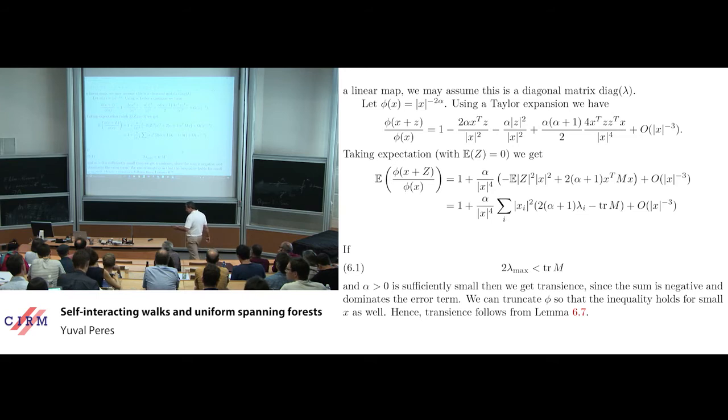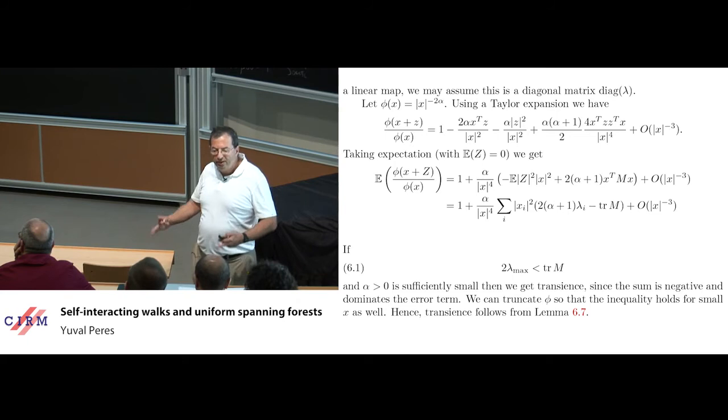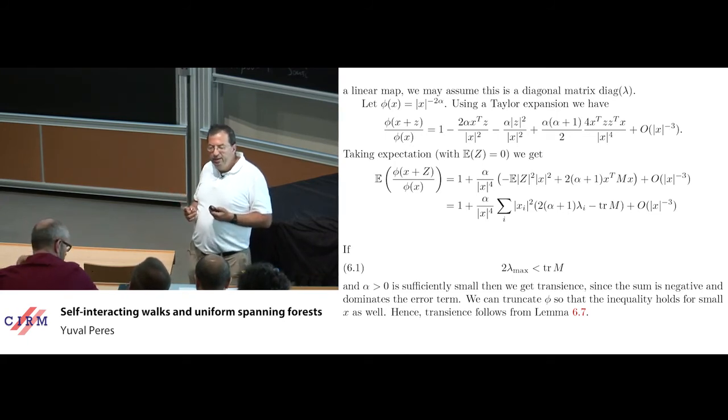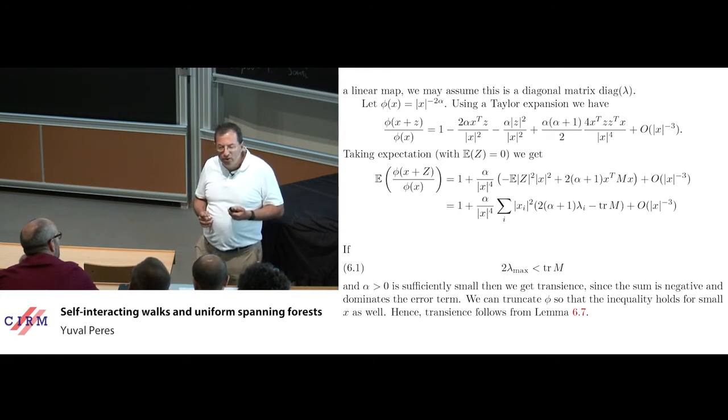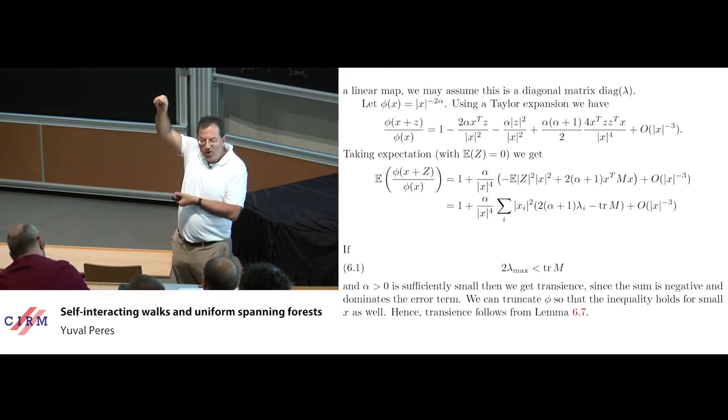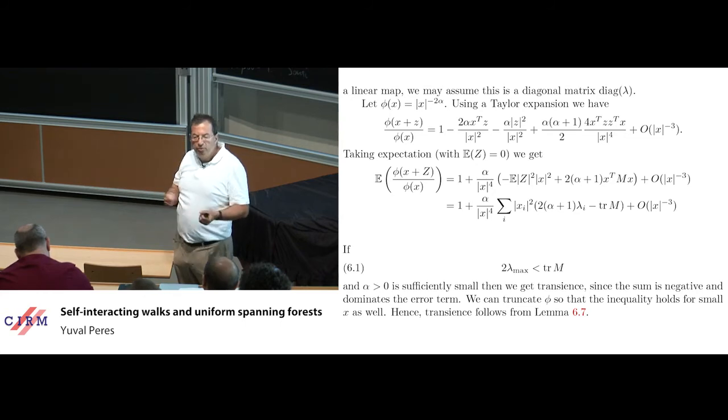Okay. Yeah, question. You said the other direction is open? The other direction is open. A particular case which is open, good to focus on, is: take 3 dimensions and take any epsilon less than a quarter, and wherever you are, you walk with probability 1 minus 2 epsilon in the direction of the coordinate that is largest in absolute value, and with probability epsilon in each of the other coordinates.